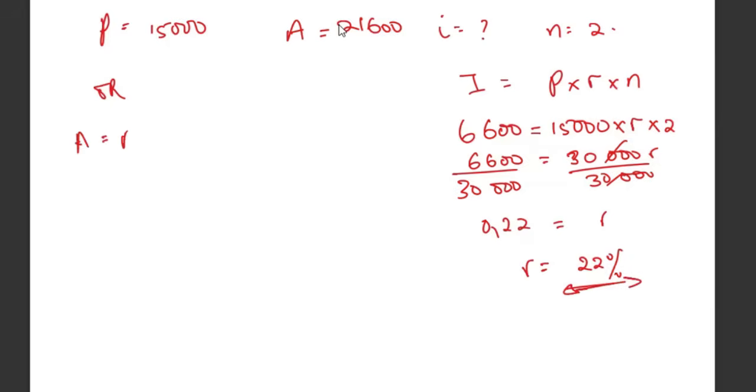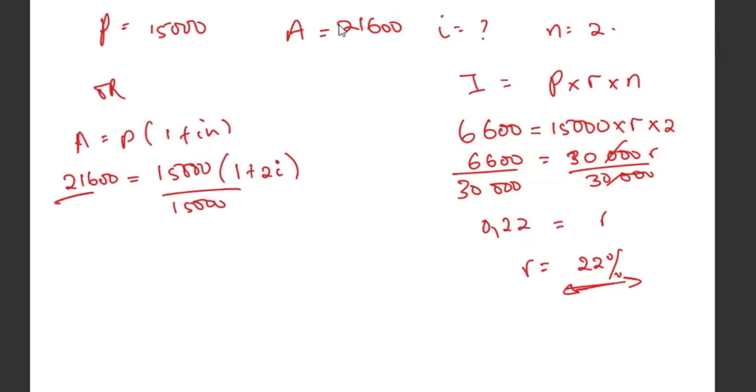If we are to use the original formula, we're going to have 21,600 is equal to the 15,000 times 1 plus 2I, where I is what I'm looking for. Divide by 15,000 over 15,000, this cancels that. 21,600 divided by 15,000 gives us 1.44 is equal to 1 plus 2I.